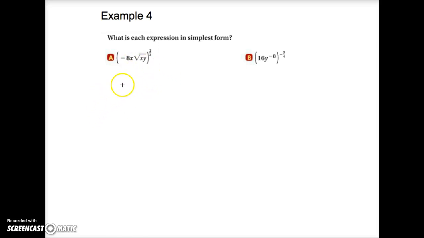Again, we're going to simplify. We use our properties of exponents. That says that we are going to raise everything in the parentheses to the 2/3 power, so we get -8 to the 2/3 times x to the 2/3 times, now I'm going to rewrite this, xy to the 1/2, and I'm raising that to the 2/3.